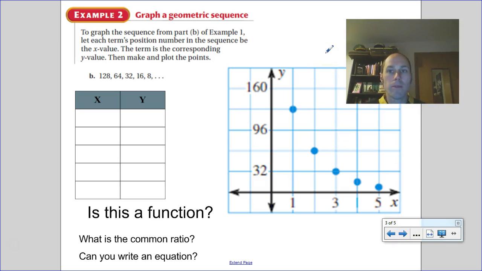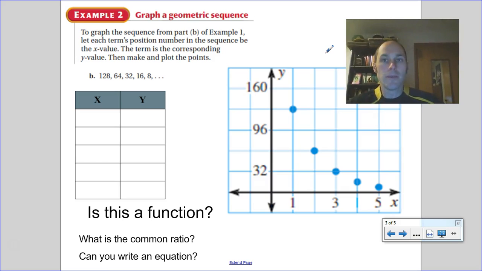So hopefully you remember the difference there between arithmetic and geometric. Arithmetic, we have a common difference. Geometric, a common ratio. So let's plot these points and see what happens. So this is our first term, second term, third term, fourth term, and fifth term. So we label the first, second, third, fourth, and fifth on our x.